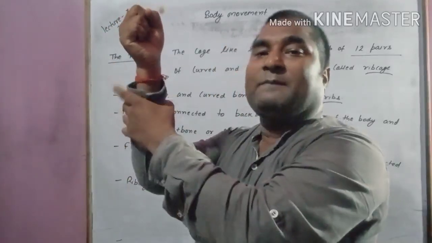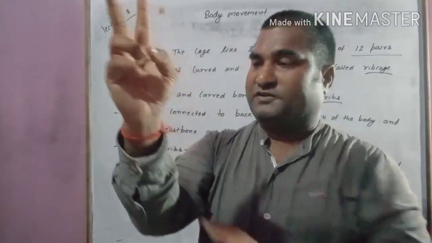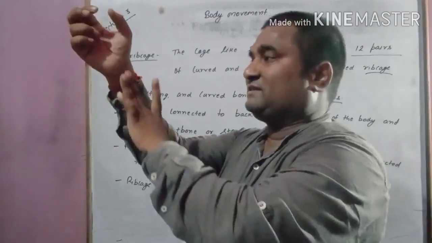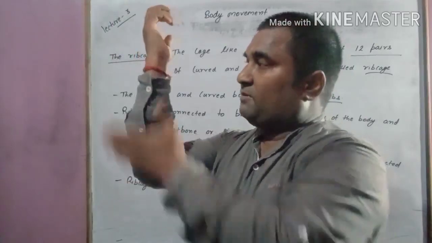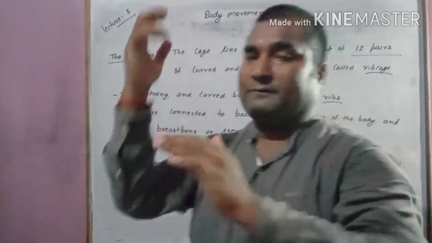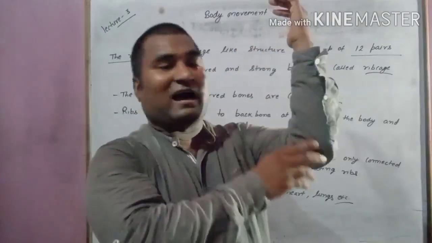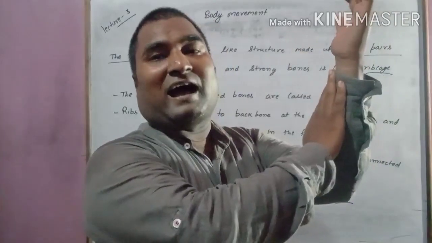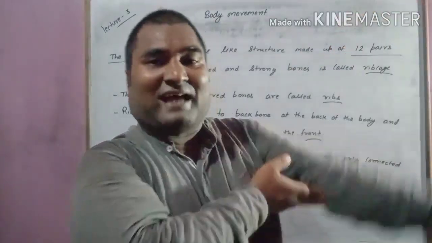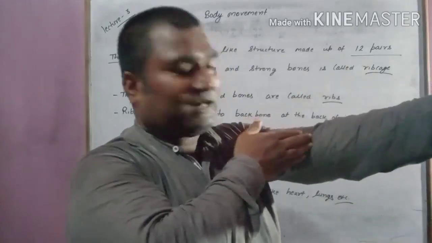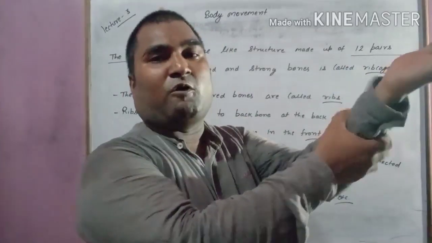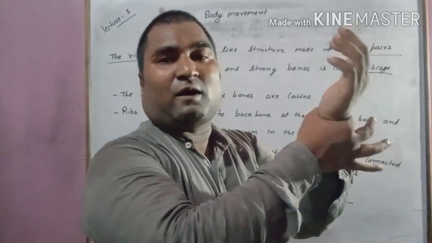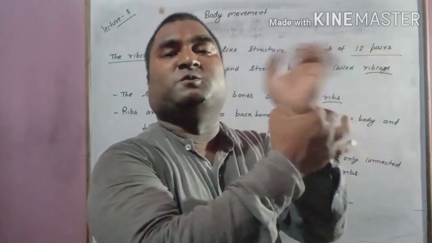The forearm is made up of two bones. On one side, the forearm is connected to the upper arm at the elbow, and on the other side it is connected to the wrist.